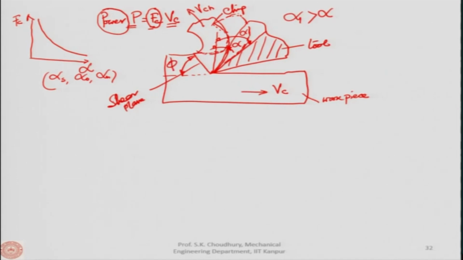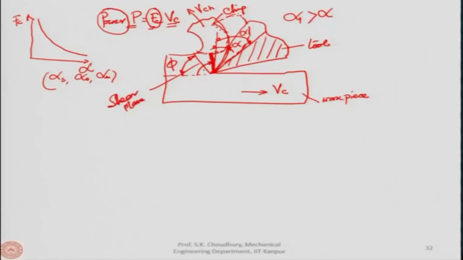As alpha is increased, this becomes the new shear plane. As you can see, the length of the shear plane decreases as the rake angle is increased. As a result, less effort is required to remove that area, and less force is required.